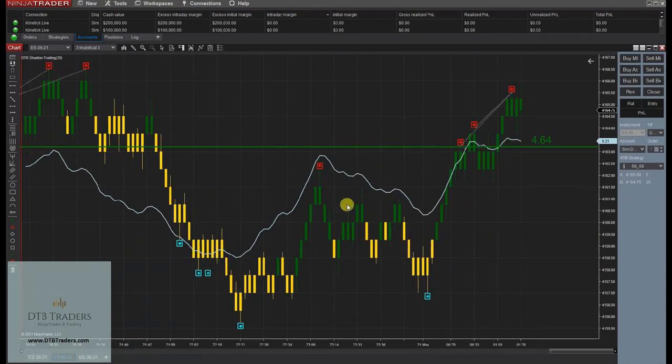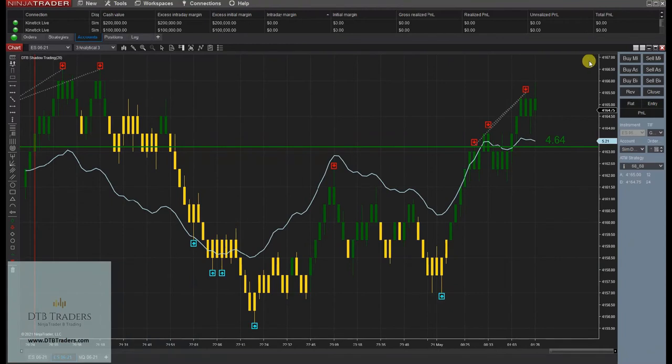Fortunately, we're not only relying on those arrows to tell us the intended direction, we're also relying on this momentum line. When the momentum line has deviated strongly from the price, that is a good signal that the price will be coming down. Right now the momentum line is still pretty high, at 5.75.